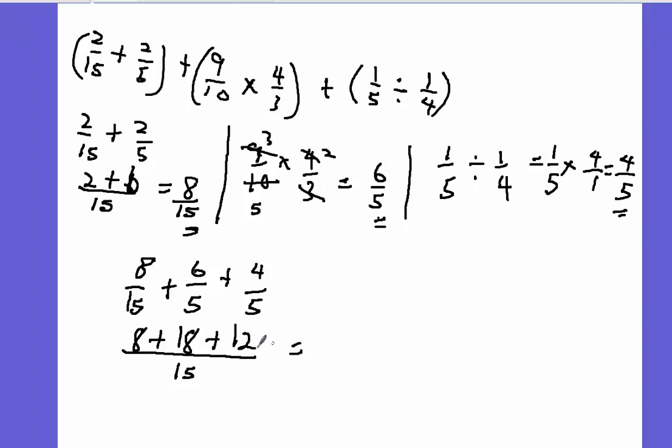Now let's add up everything. This plus this, that's 30, 38. 38 divided by 15, which is 2 whole number, 8 out of 15 as our answer to the B question.